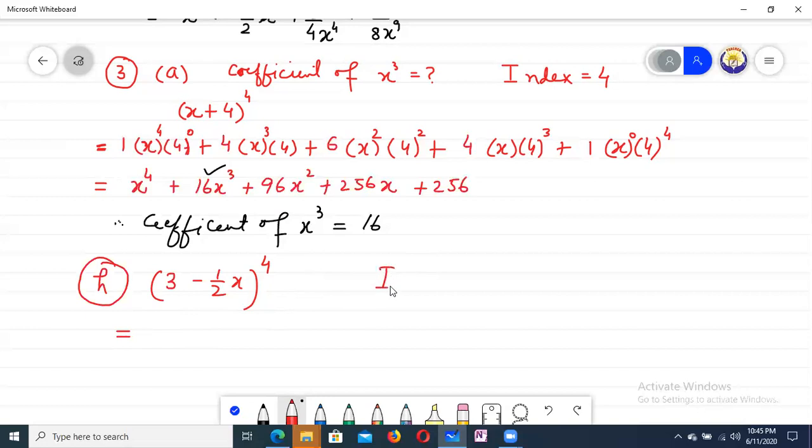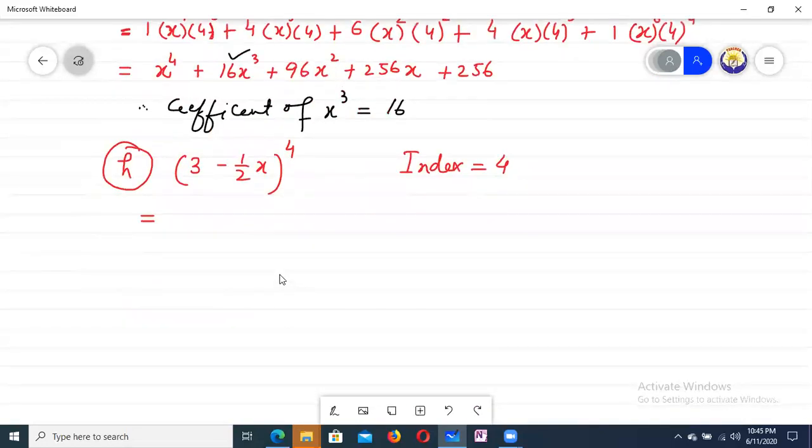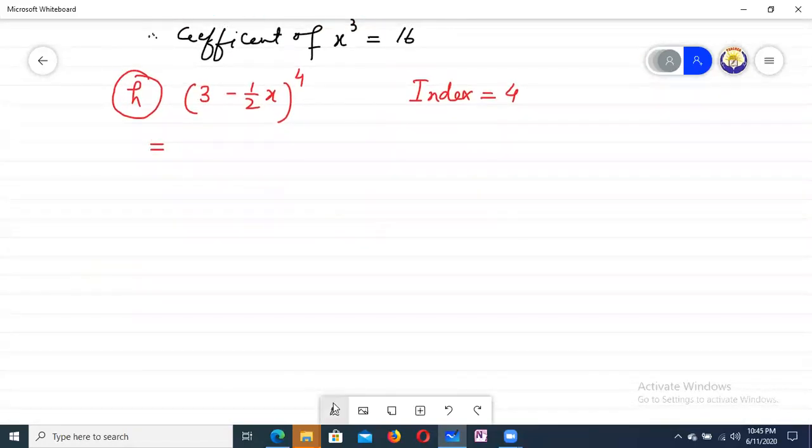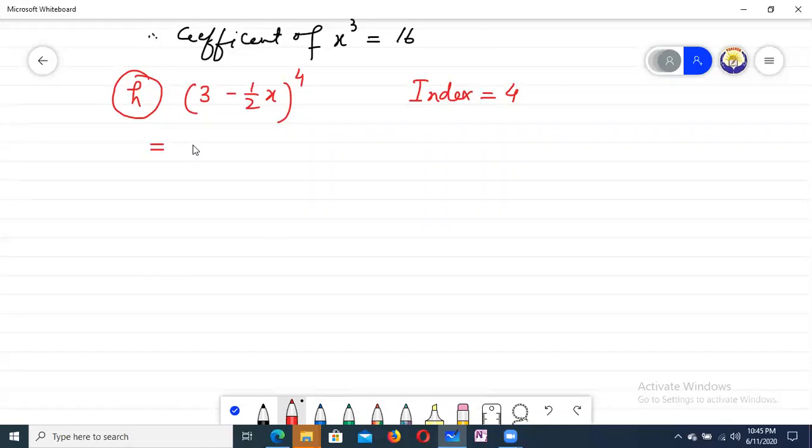As here the index is equal to 4, first of all, we will write both the terms of this binomial expression in product.